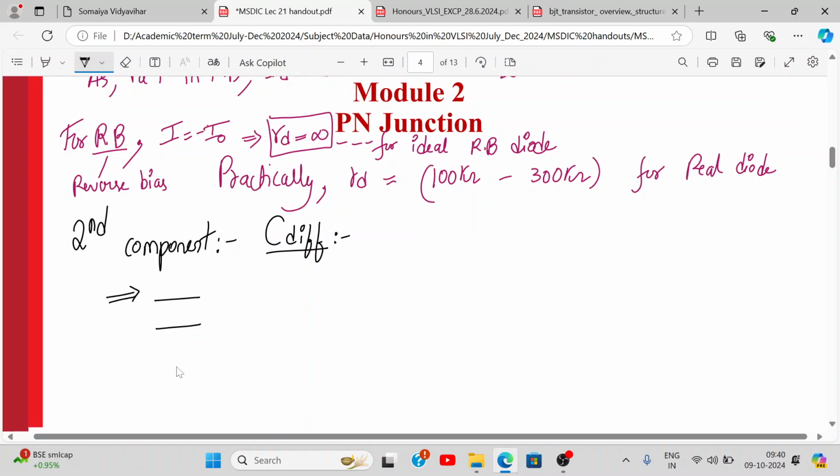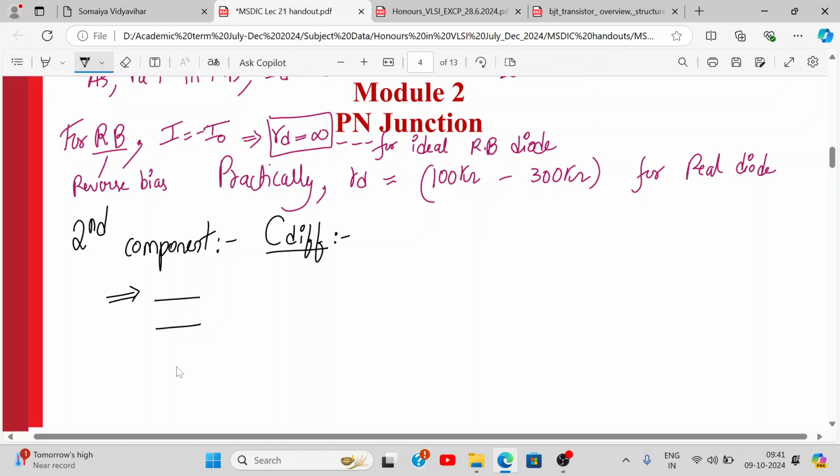In a forward bias PN junction, a large number of carriers are stored on the two sides of the junction. Yes or no? This I have already explained, but I'll repeat. They are stored on either side of the junction due to diffusion of carriers across the junction. Yes or no? Because the majority carriers flow to the minority region, and majority carriers from the N side also flow to the minority region on the P side.